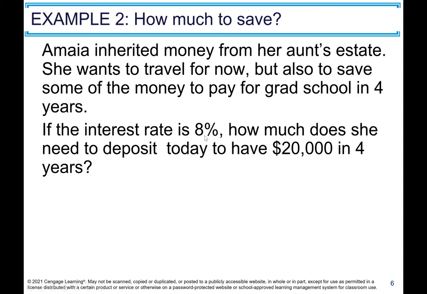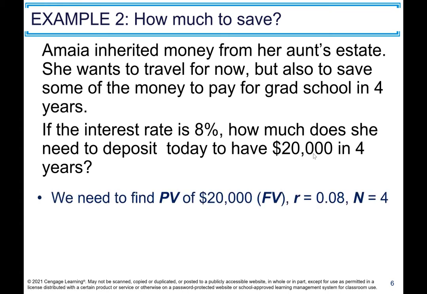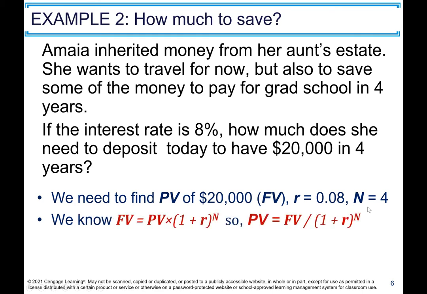If the interest rate is 8%, how much does she need to deposit today to have $20,000 in 4 years? We need to find the present value of $20,000, which is the future value, when the interest rate is 8%, or 0.08, and n is 4.